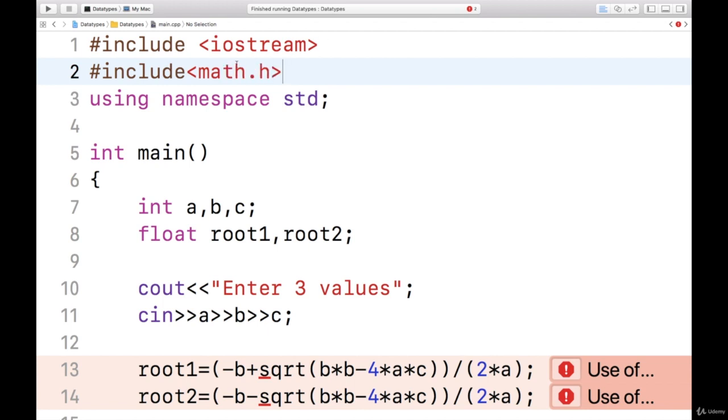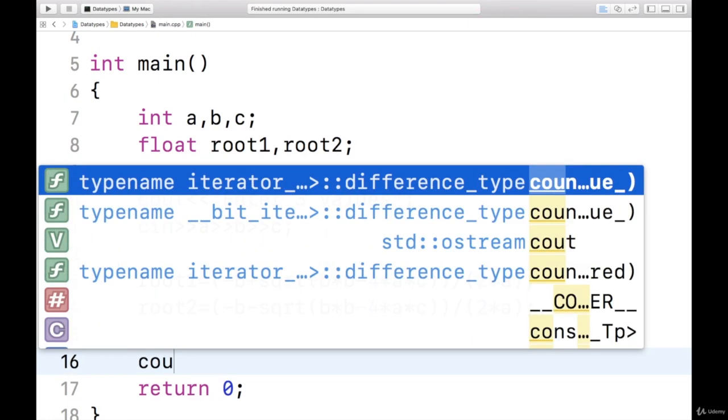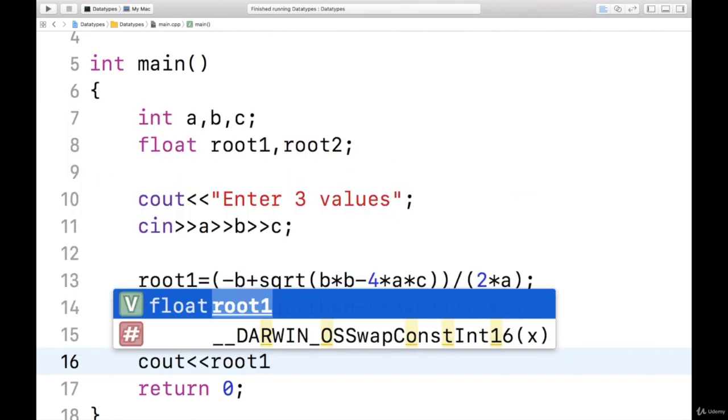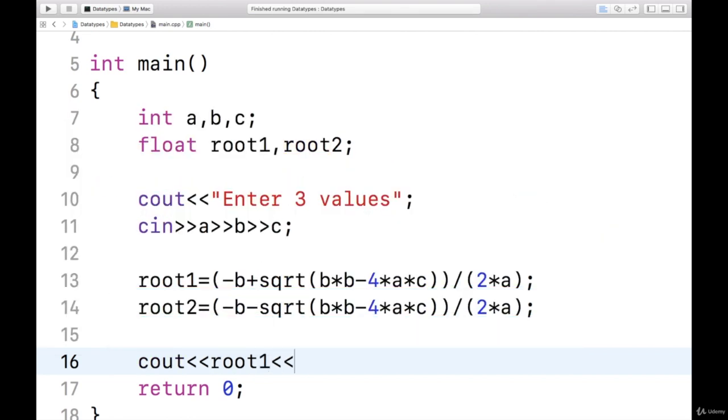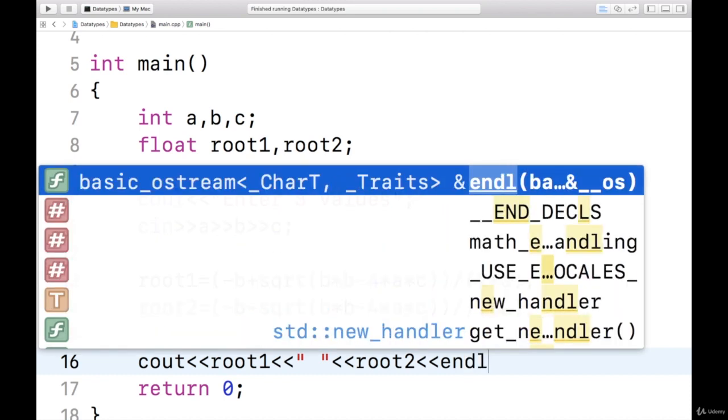This function is present in the math library. Now that error message is gone, and here I will say cout root1 and some space between them, and then root2 and endl.